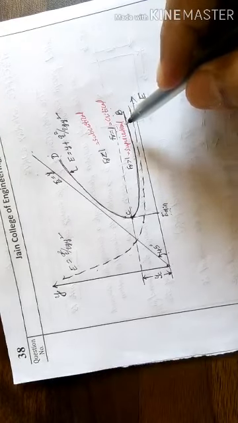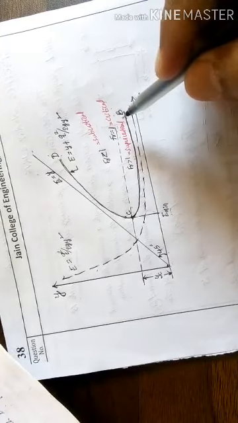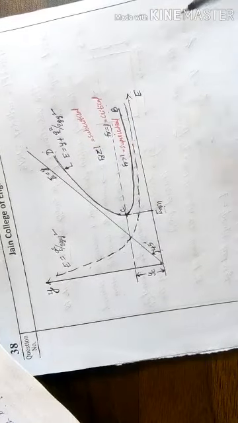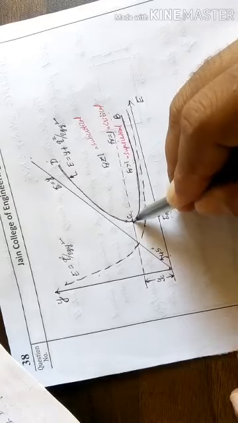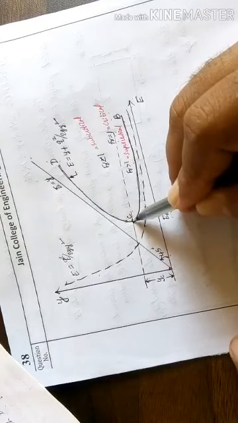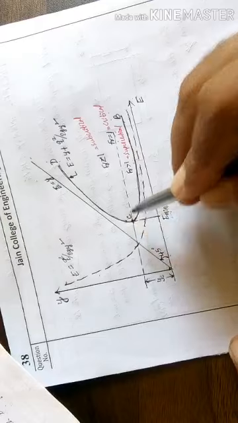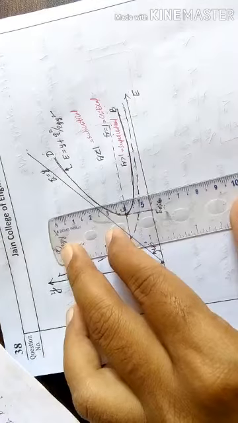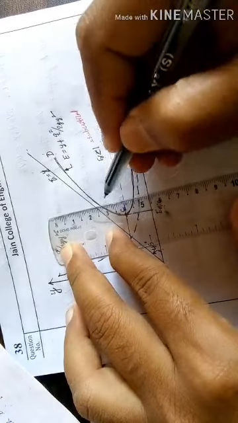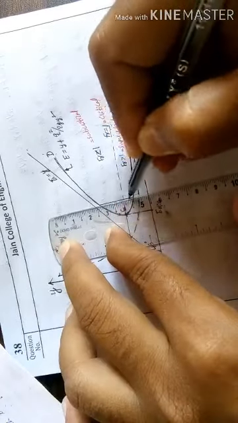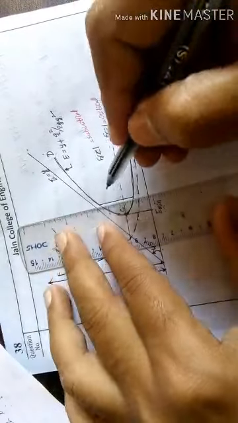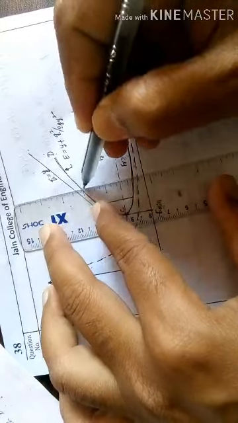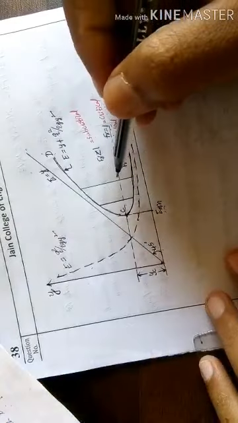And also the depth of flow: except point C, for every value of specific energy there are two flow depths. Wherever I draw a line like this, except at point C, you will get two depths.